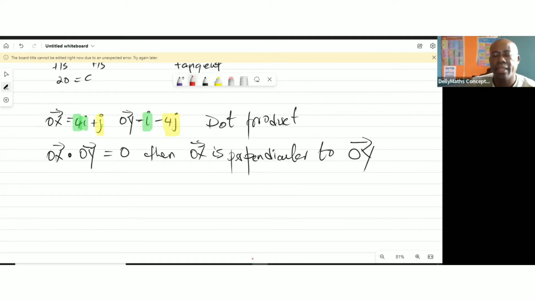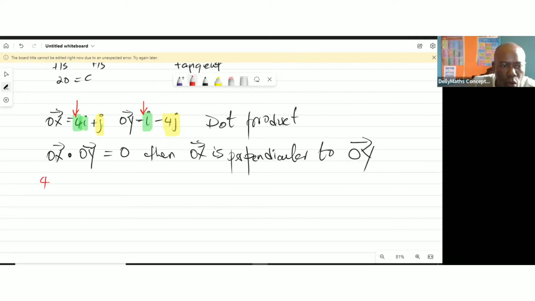So we take the x from OX and OY and multiply them. Then we take the y's from OX and OY and multiply them. Then we add those. If we get 0, that means there's a 90 degree angle between them. So this is 4 and this is 1.